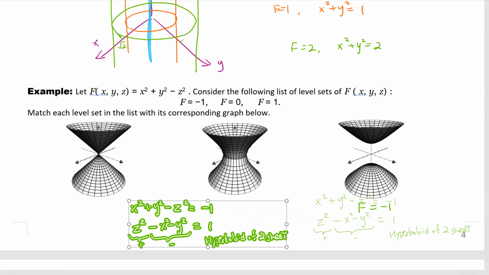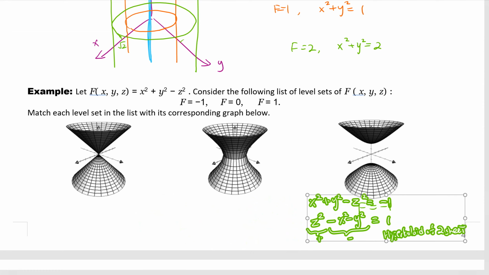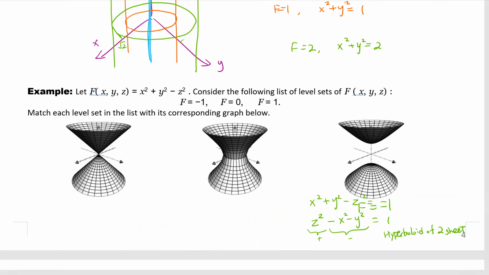So let me move it here. There's an f here. Let me see whether I can erase it. I should not have drawn it first. Okay, I'm erasing it. So this corresponds to f equals minus 1.